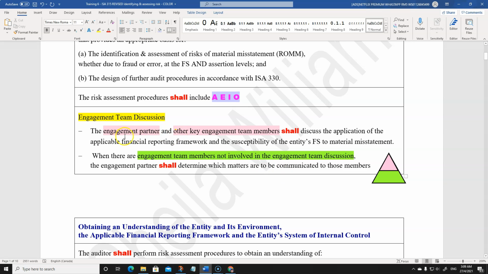It says here the engagement partner and the key engagement team members shall discuss the application of the applicable financial reporting framework and the susceptibility of the entity's financial statements to misstatement, material misstatement. So here, the discussion is more to finding out which parts of the financial statement, which transactions, which account balances, and which disclosures would be misstated.